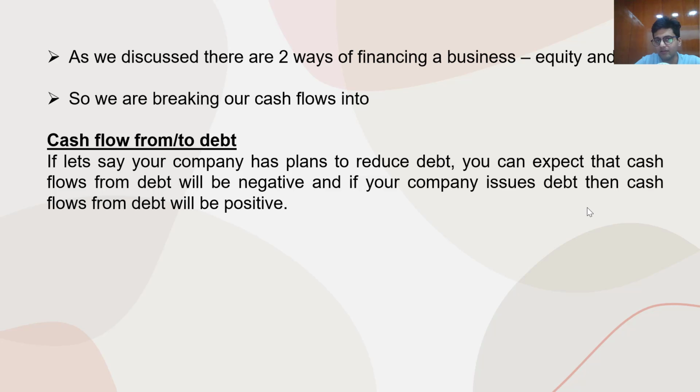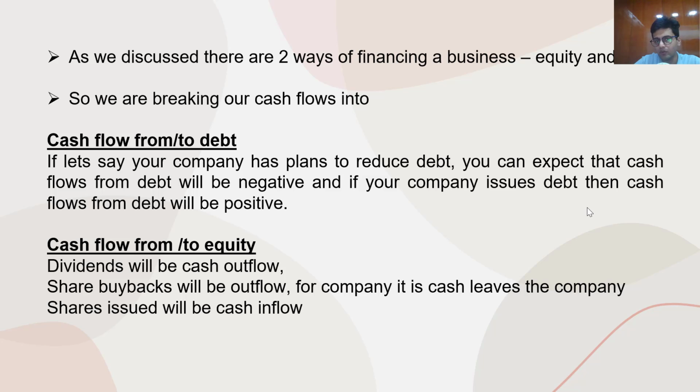That is cash flow which is received by taking debt, and cash flow which reduces by paying debt, and cash flow from equity, that is cash flows which are received by issuing equity shares, and cash flow to equity, that is cash that is paid back to equity shareholders by paying what? By paying dividend and buyback.